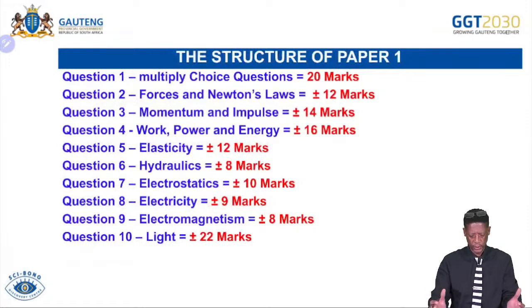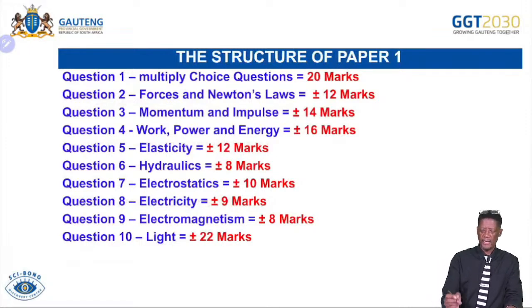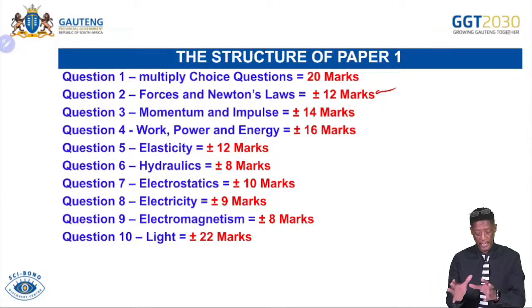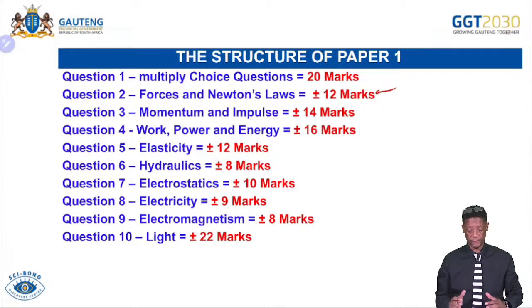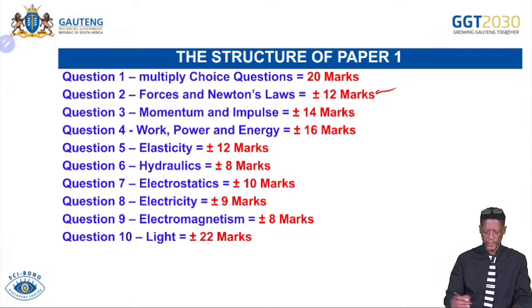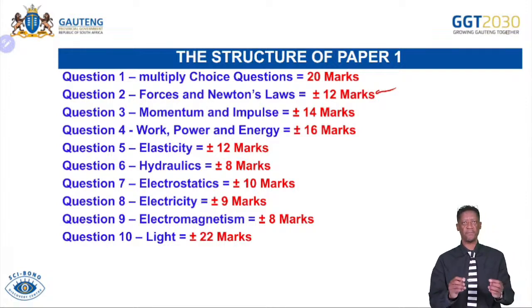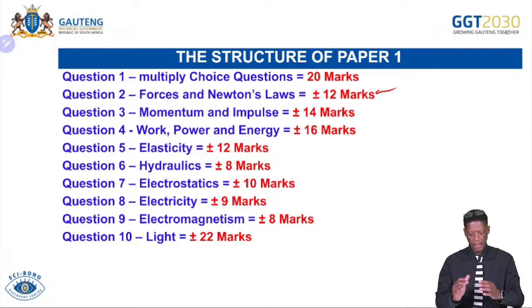Now, let us look at Question 2, forces and Newton's laws. That is plus or minus 12 marks. You should grasp the marks, and at least get half of the 12. Then we've got Question 3, which is momentum and impulse, plus or minus 14 marks. Remember, in all of these questions they've got definitions, where you can grab the marks and run, right?